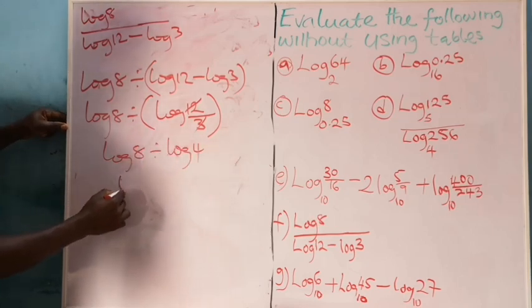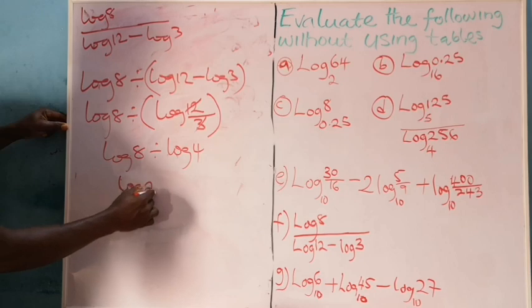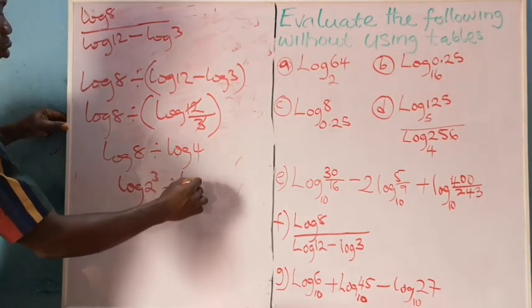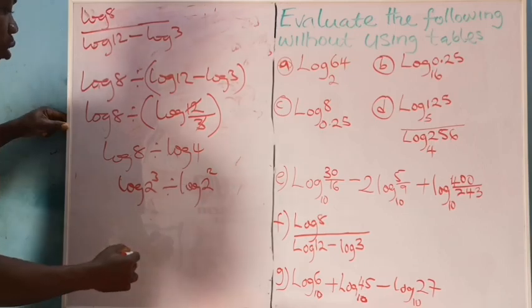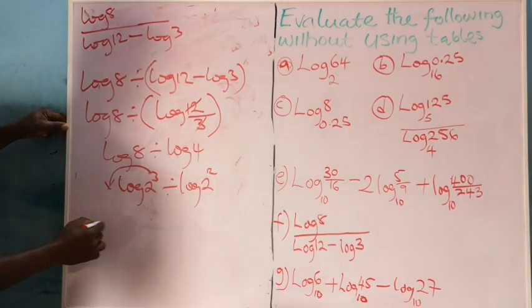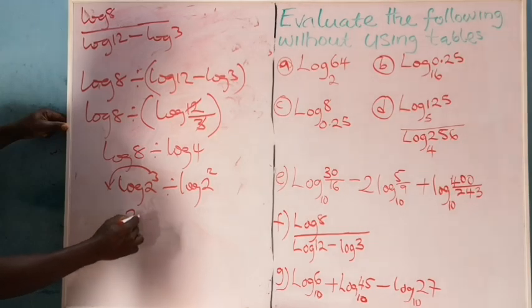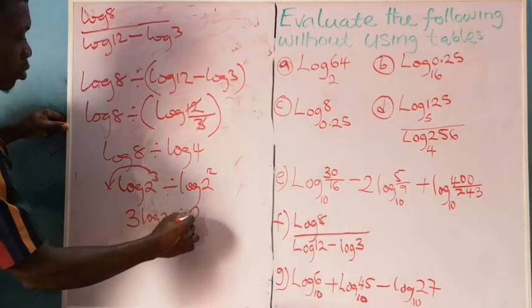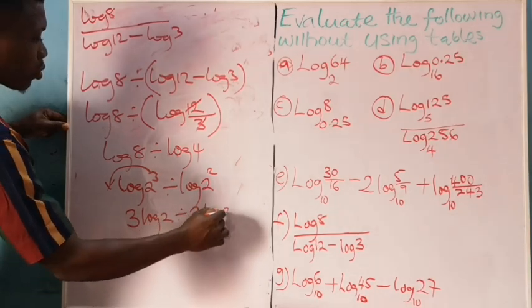Okay, we now have log 2 to the power 3 divided by log 2 to the power 2. Okay, now we are going to apply the power law here so that we now have 3 log 2 divided by 2 log 2.